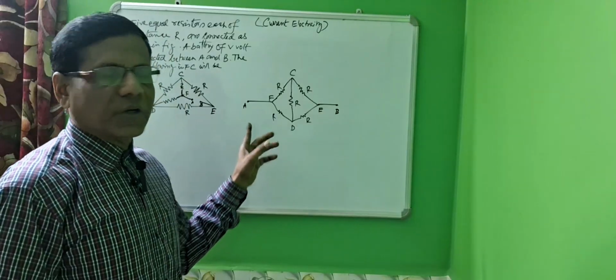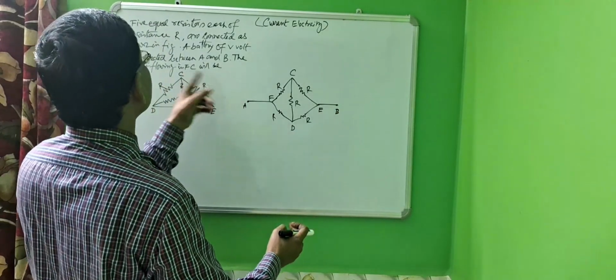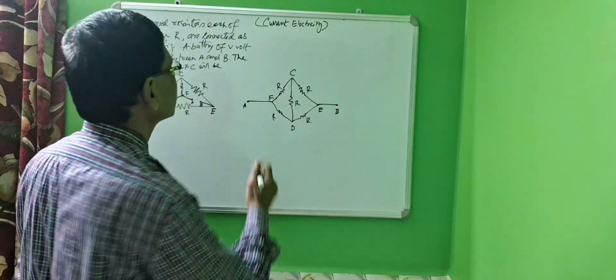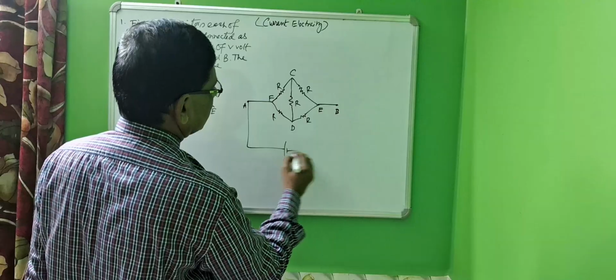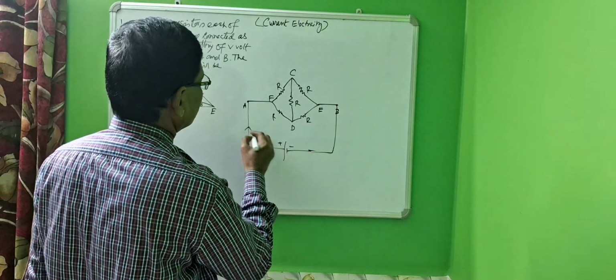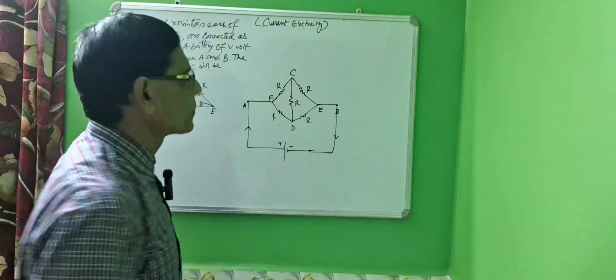This circuit, when AB is connected through a battery, is going for the Wheatstone bridge principle. Why?